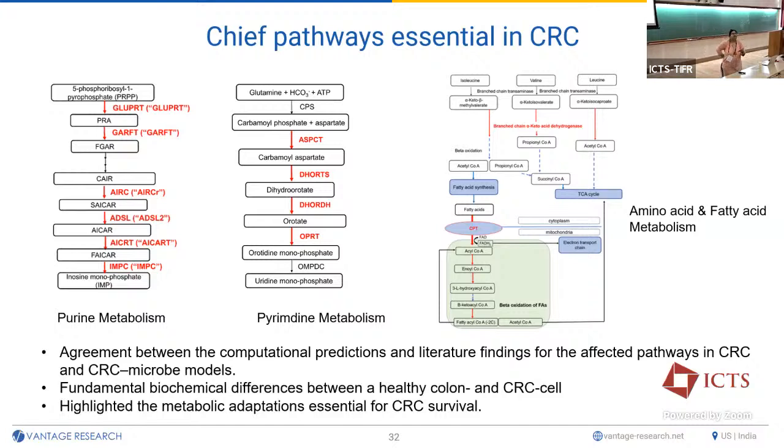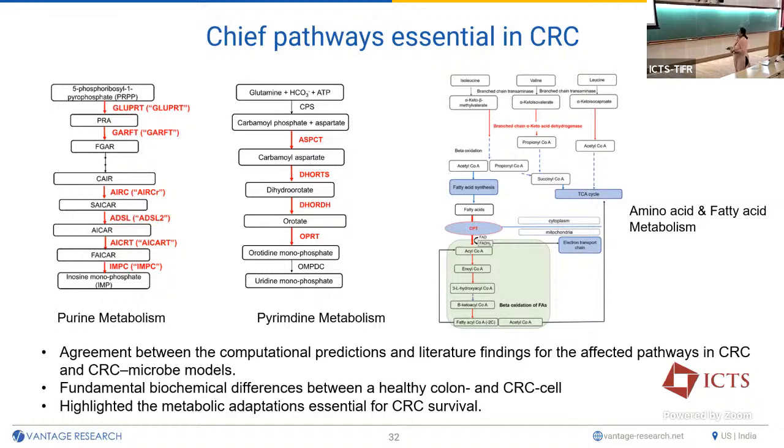But when we integrated into the colorectal cancer model, that effect was somehow lost. So whatever it was exerting, protective, harmful, or whatever, it can only exert when the other collaborating partners are there. Not only in terms of bacteria, you need to have certain fungi models as well. That's how the entire ecosystem is built.